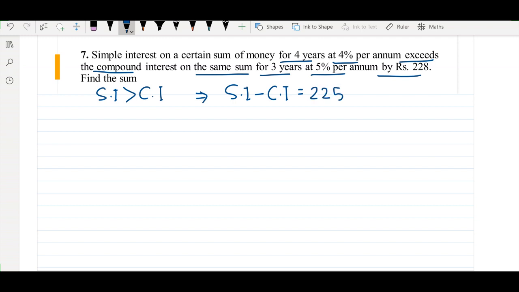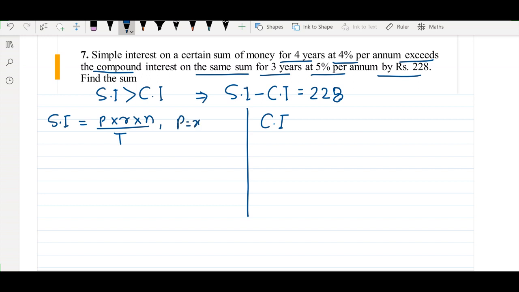It is the same type of question, exactly the same which we were doing earlier. We need to find SI and CI. So let me calculate SI here and CI here. SI is P into R into T over 100, and for this everything is given.